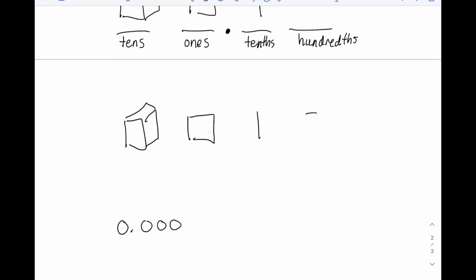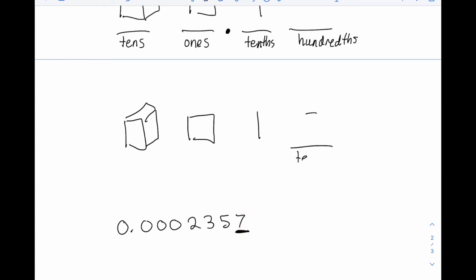But if we came down here and we had 2, 3, 5, 7, and we were trying to represent this number with base 10 blocks, I'd start by saying my smallest place needs to go with my smallest manipulative. So here I'm going to have tenths, hundredths, thousandths, 10,000ths, 100,000ths, millionths, 10 millionths.